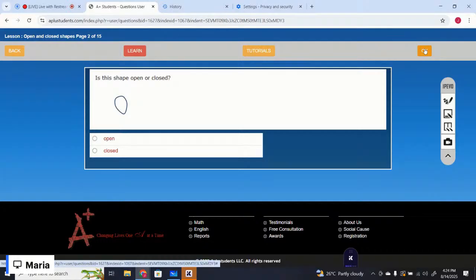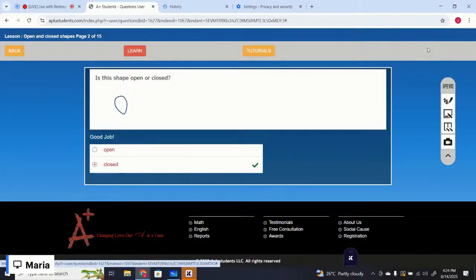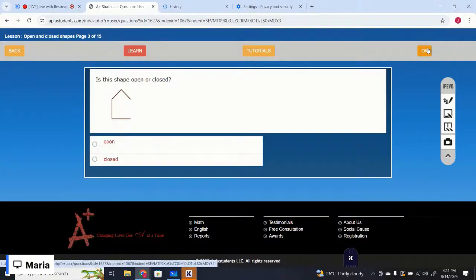Is this shape open or closed? Closed shape it is. Option 2 is the correct option. Is this shape open or closed?